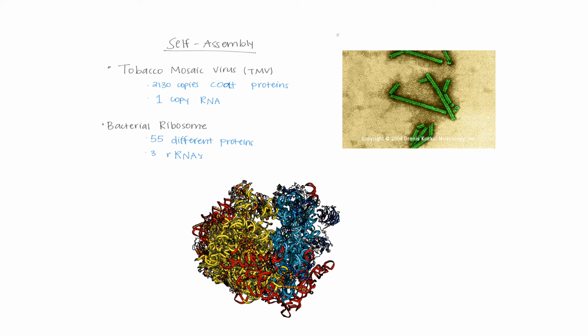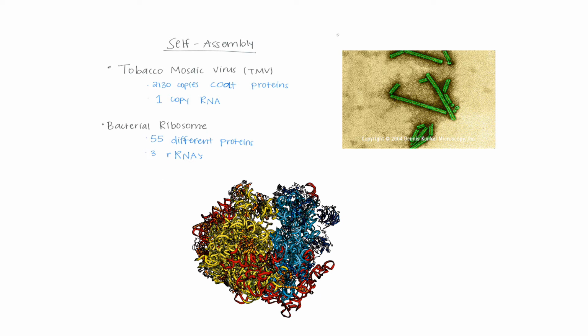This virus was studied for a long time. What the virus is made of is a single copy of RNA, as an RNA genome, and then it's coated with exactly 2,130 copies of a coat protein. They're identical proteins: 2,130 identical protein copies and one copy of RNA.